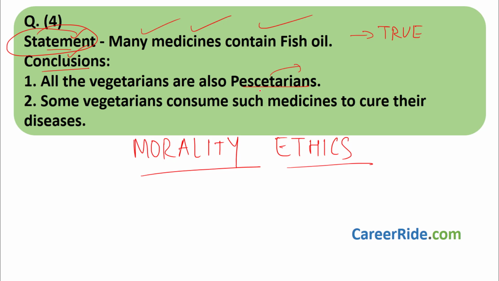This is not true. Why? Because not all the vegetarians will take the medicines which have fish oil. And even if they take a medicine which contains fish oil, they are not consuming fish or products like those. They are just taking the medicine which contains fish oil. So it is not compulsory that all the vegetarians are also pescatarians. So this is not a valid conclusion.